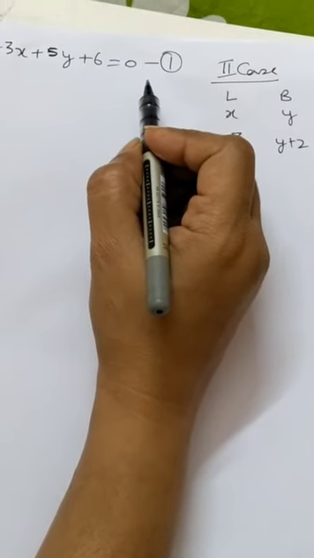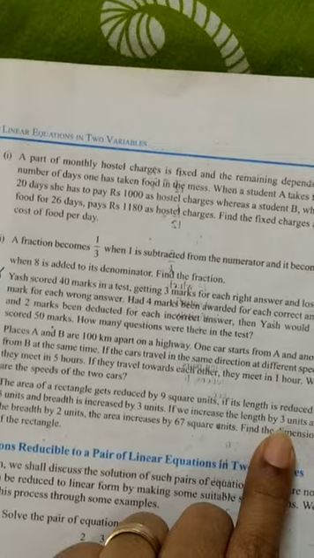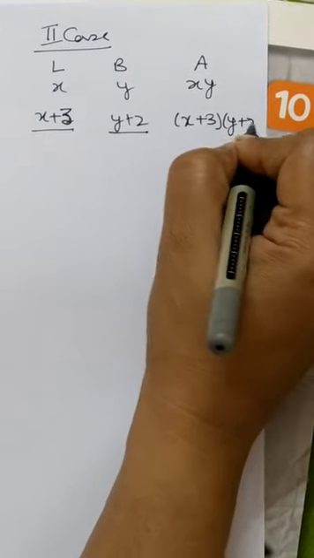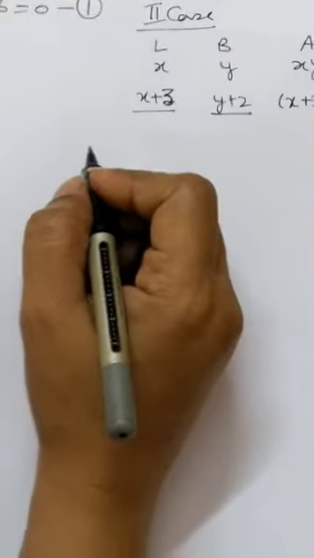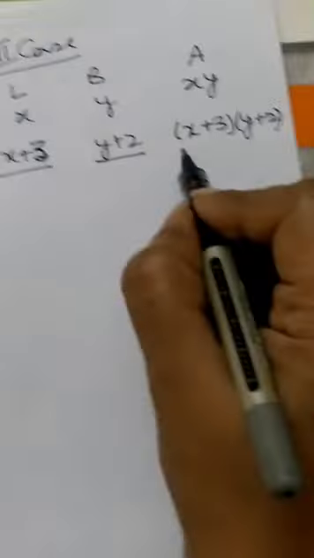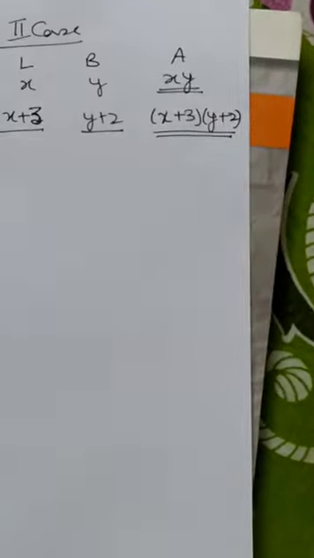Now let us read the second condition given in the question. If we increase the length by 3 units, length is x plus 3, and breadth is also increased by 2 units, so breadth becomes y plus 2. What will be the area in this case? Of course, x plus 3 into y plus 2. It is given that the area increases by 67 square units. That means this area is more than xy by 67 square units.